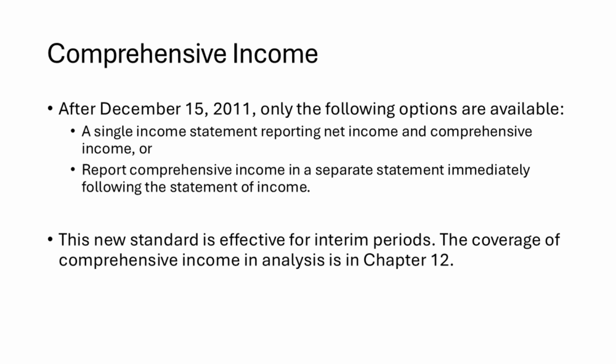The FASB and the IASB entered into a joint project to improve the presentation of comprehensive income in a manner that is as convergent as possible. At that time, IFRS only provided for comprehensive income to be presented either in a single statement or in two consecutive statements.